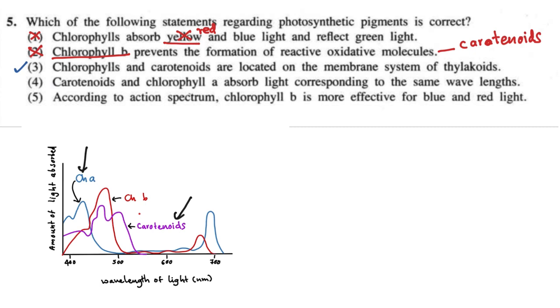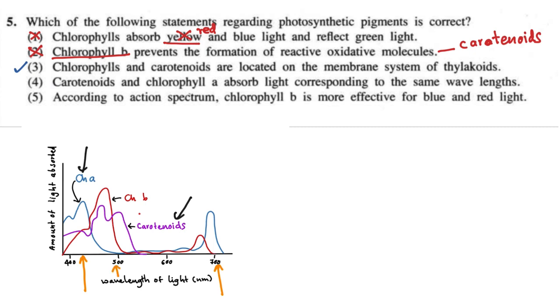Chlorophyll A absorbs light somewhere in between 400 and 450 nanometers, as well as 700 nanometers, and carotenoids absorb wavelengths around 500 nanometers.